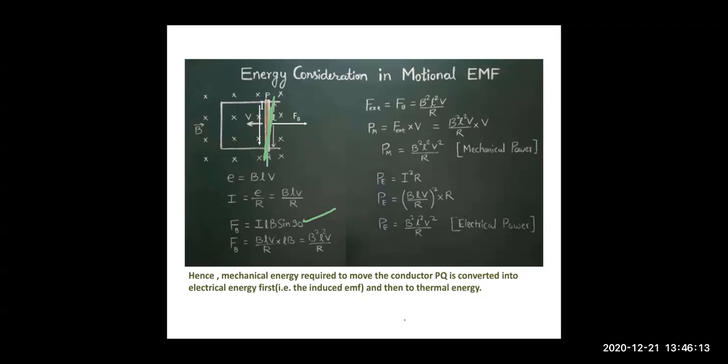So here children, you will have FB is equal to B squared L squared V upon R, and here sine 90 will be replaced by 1. So we have substituted the value of I over here, right?